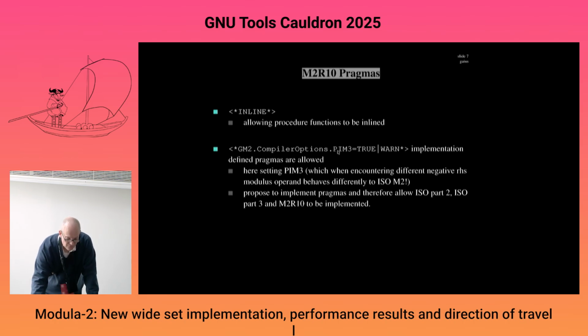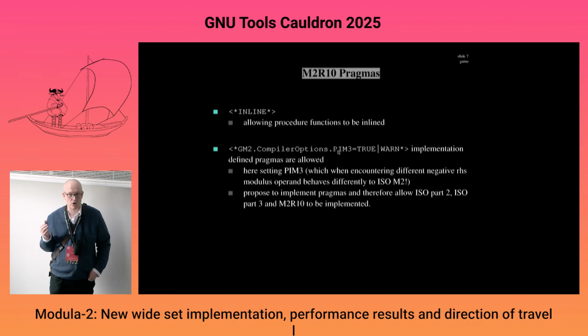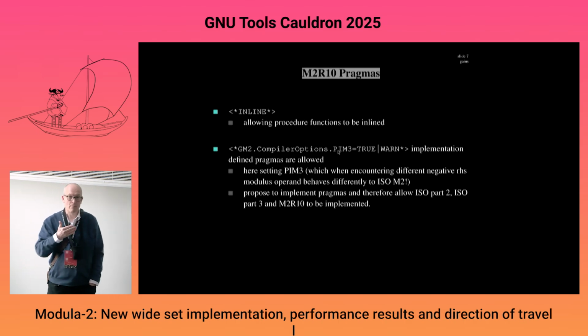If we do that, it's quite nice, because it means we can have mixed Modula 2 language projects. You could have an ISO module which calls the PIM2, PIM3, PIM4 modules, which you could already do.